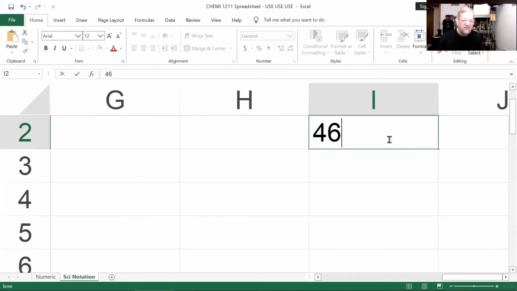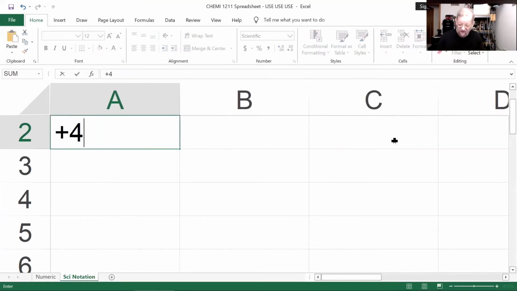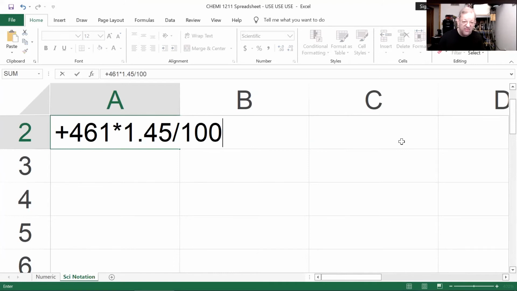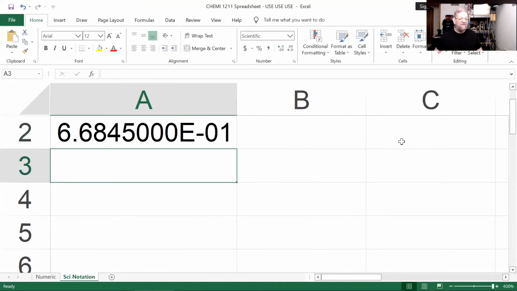And we'd have 461 times 1.45 divided by 1,000, hit enter, and I get 0.668450. Now, this should be three significant figures. How do you round it off? Keep the 6, keep the 6, keep the 8. Use the 4 to round off. Is that 4 or less? It is. So I drop that 4, the 5 and the zeros. So I will get 0.668.